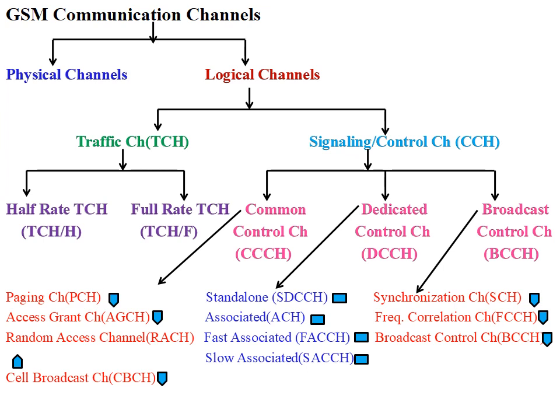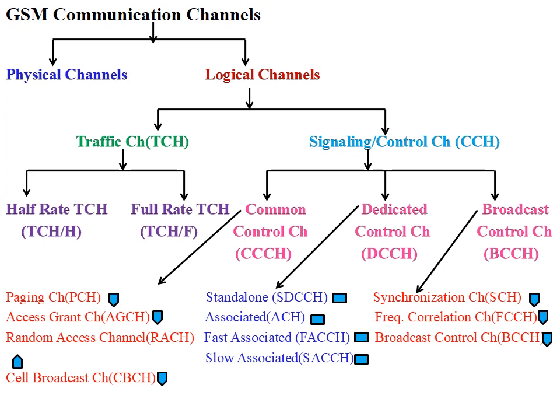Second type is the slow associated dedicated control channel. It is always associated with a traffic channel or standalone dedicated control channel and maps onto the same physical channel. When a traffic channel is associated with a slow associated control channel, the traffic channel carries user data and the slow associated control channel carries the signaling data.